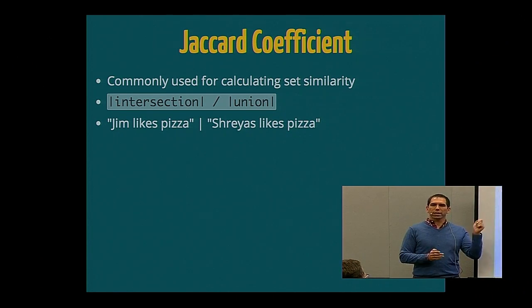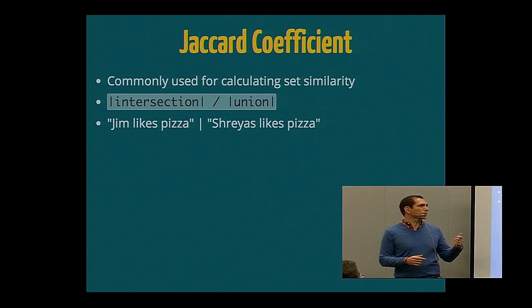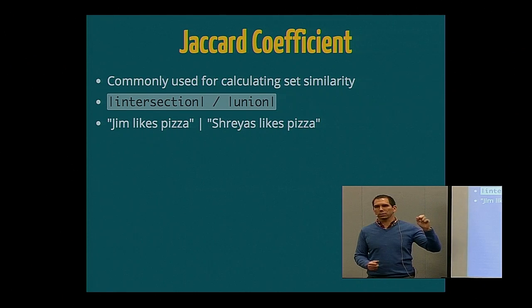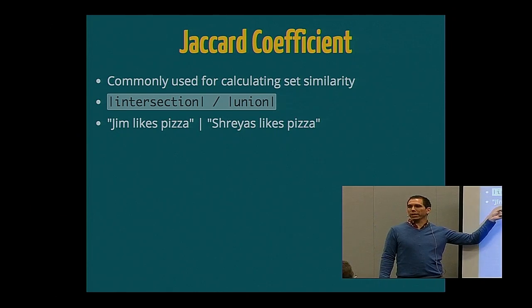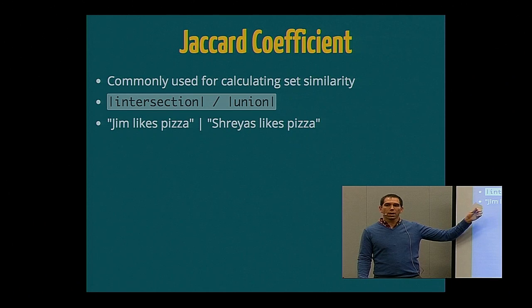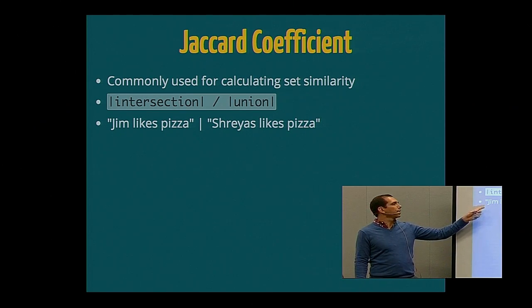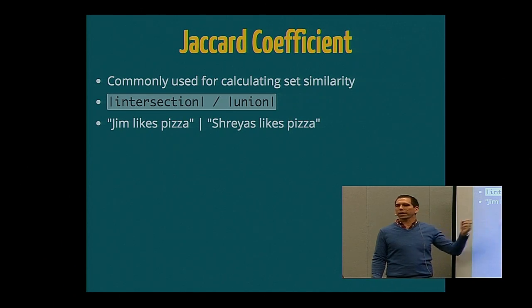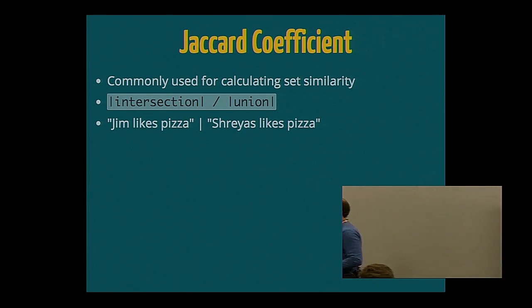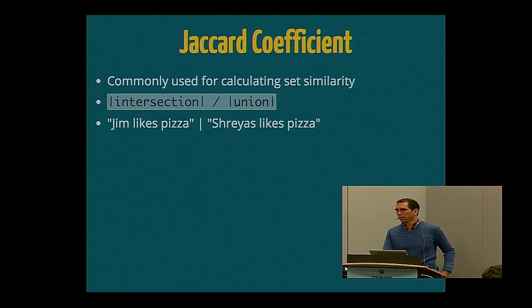One place that this is used somewhat frequently is looking at strings. We can break up these strings in a few different ways, but one of the easiest ways is just break it up into words, right? And then we treat each of these strings like a set of words, right? Jim likes pizza and Shreyas likes pizza.